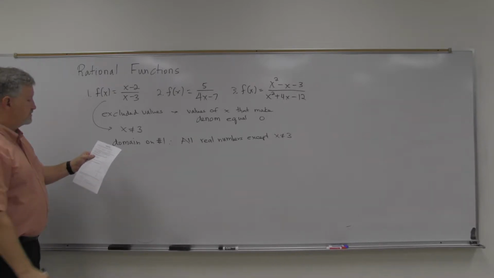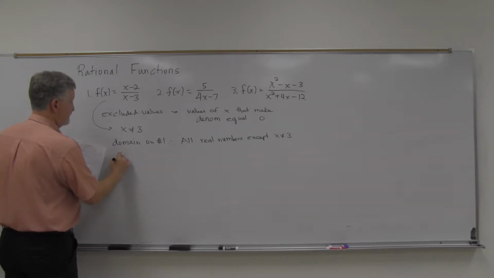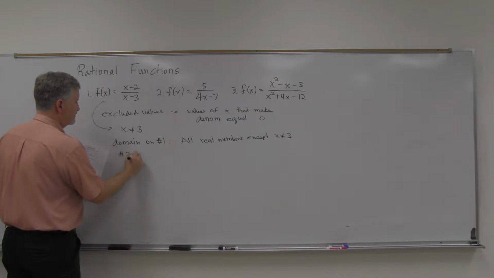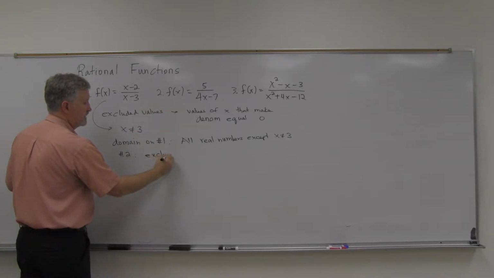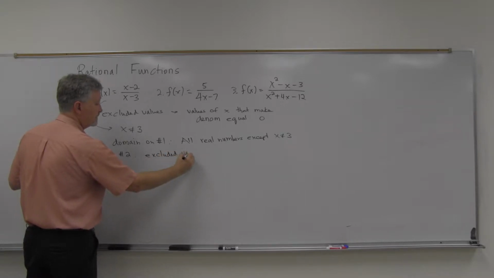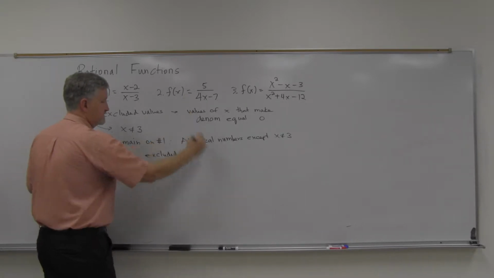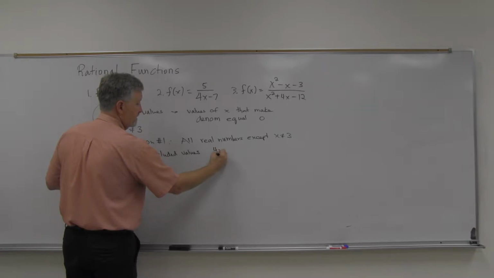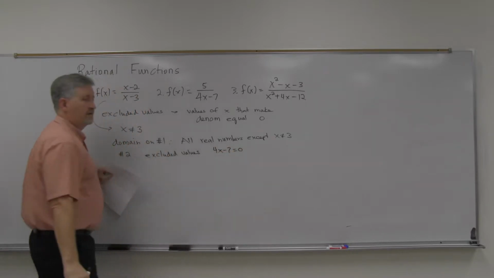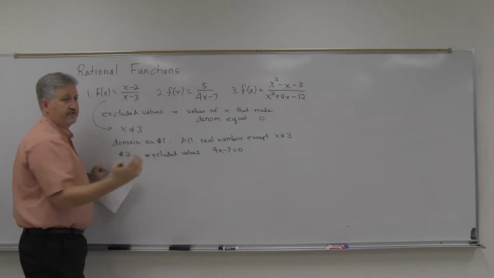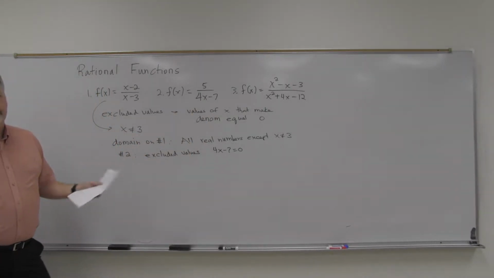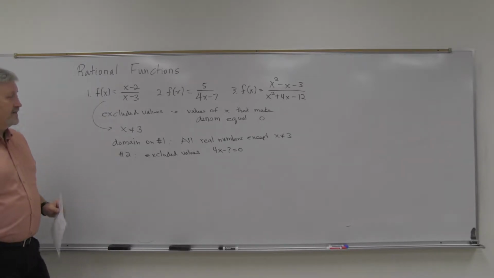What are the excluded values for number 2? What's the domain? All right, so in number 2, the excluded values are the values that make the denominator equal 0, and so if you can't see it, just set the denominator equal to 0, and that's going to be the excluded value, because your denominator can't be equal to 0. You try to divide by 0 on a calculator, and it tells you error, or something like that.